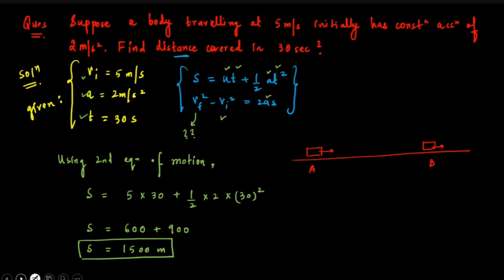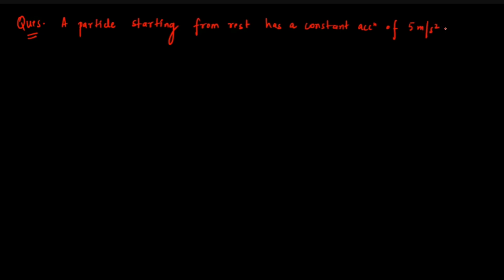Let's do another problem, and I guess then it will be easier for you to understand. So a question says a particle starting from rest has a constant acceleration of 5 meters per second square.